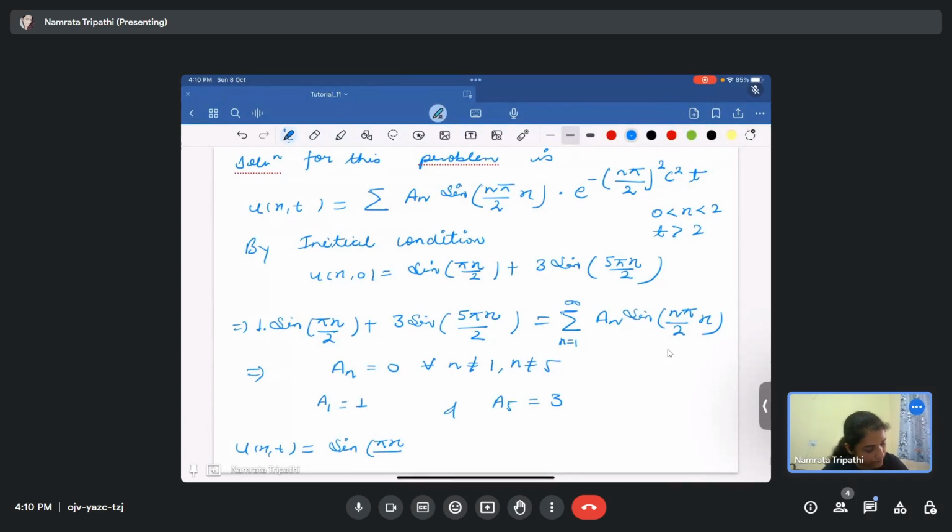Pi x upon L, where L is 2. For a5, where x is 0 to 2 and t greater than 0.